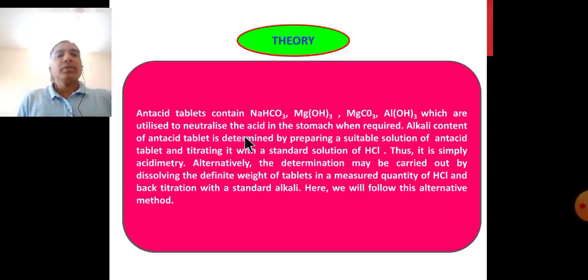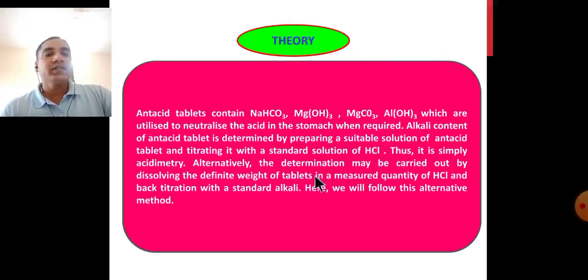Theory of this experiment: antacid tablets contain sodium bicarbonate, magnesium hydroxide, magnesium carbonate, aluminum hydroxide, which are utilized to neutralize the acid in the stomach when required. Alkali content of antacid tablet is determined by preparing a suitable solution of the tablet and titrating it with the standard solution of HCl.